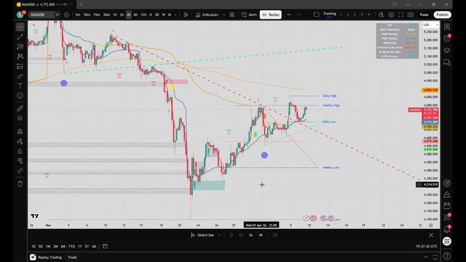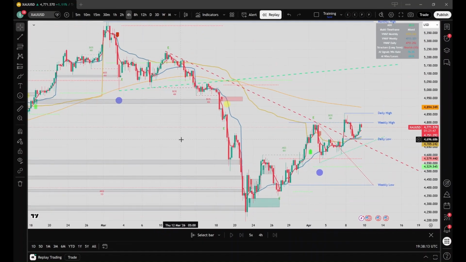So what brain zones also act as, as you can see, is support and resistance too. So here you've got it acting as support. Here, for a brief moment, it became resistance for let's say 12 hours. No, longer than that, actually. Let's say about 16 hours, up until it broke that resistance and then found its way forward.